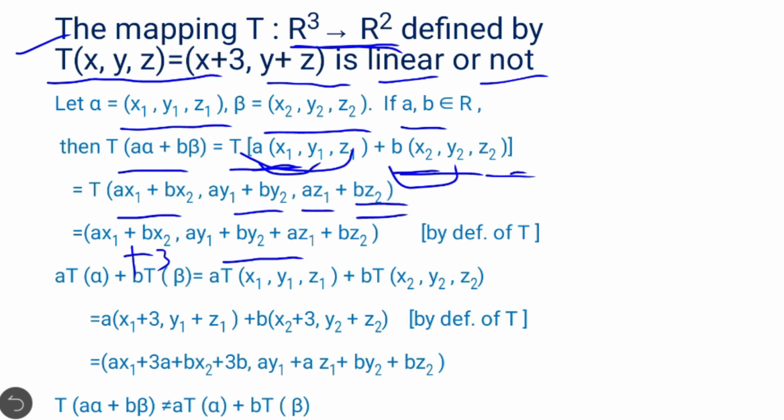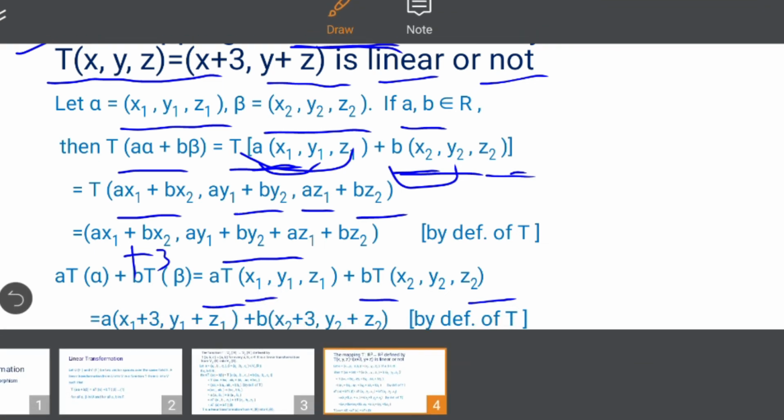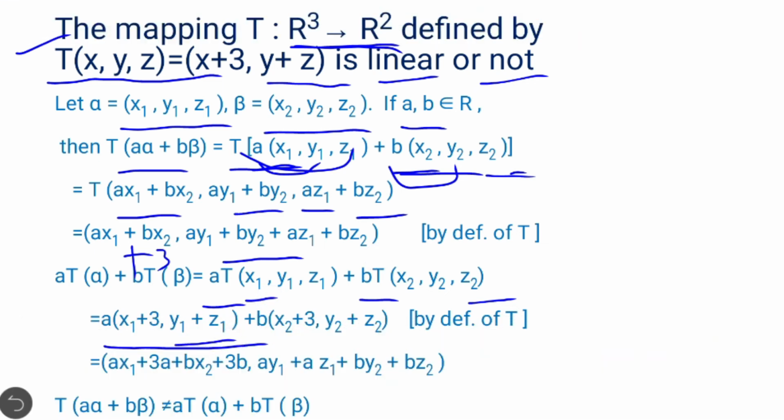Now let's compute a T(alpha) + b T(beta), which will be a T(x1, y1, z1) + b T(x2, y2, z2). From the given definition we have a(x1 + 3), that means first term plus 3, and then y1 + z1, plus b(x2 + 3, y2 + z2).